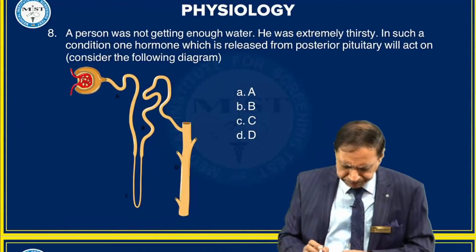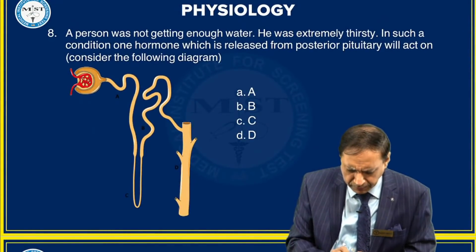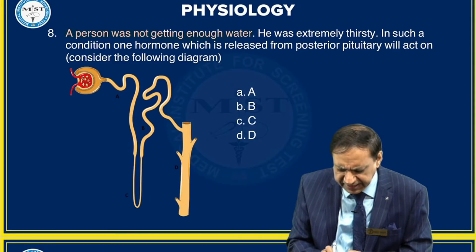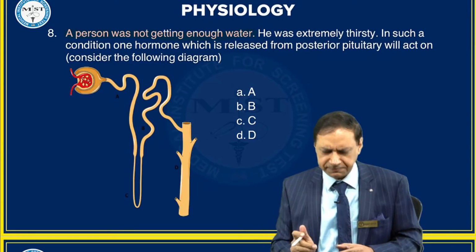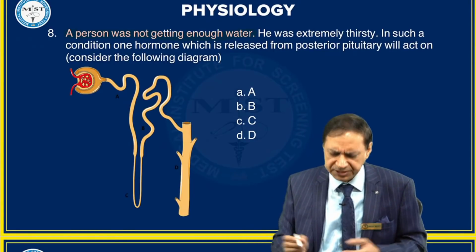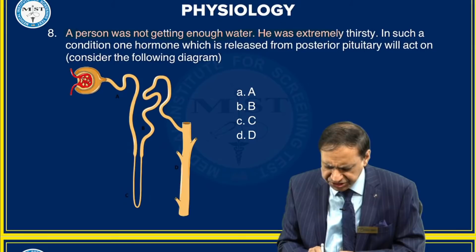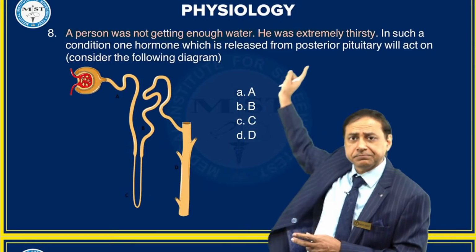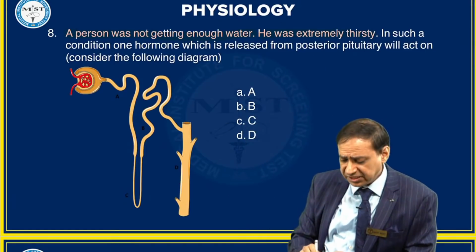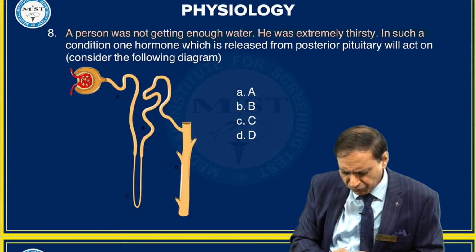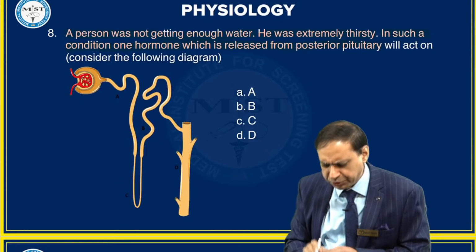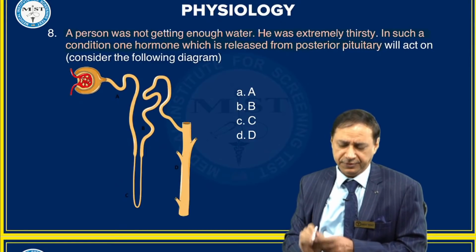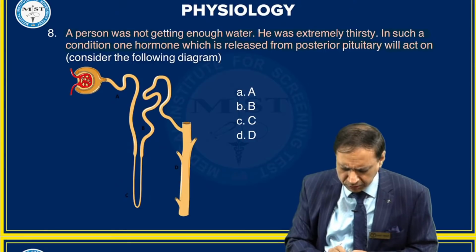See the next question. A person was not getting enough water. Water was not given to that person. Obviously he will be thirsty, extremely thirsty. In such a condition, one hormone which is released from the posterior pituitary will act on where?